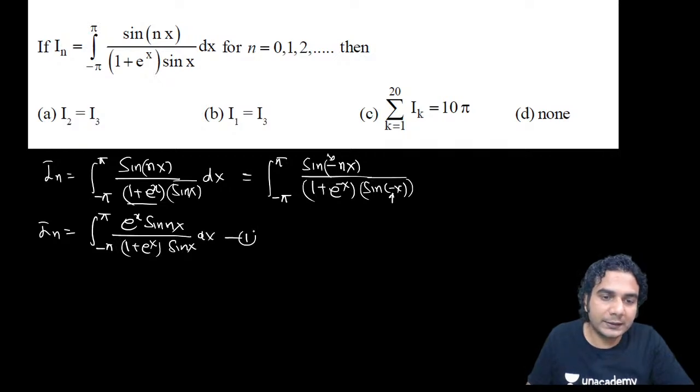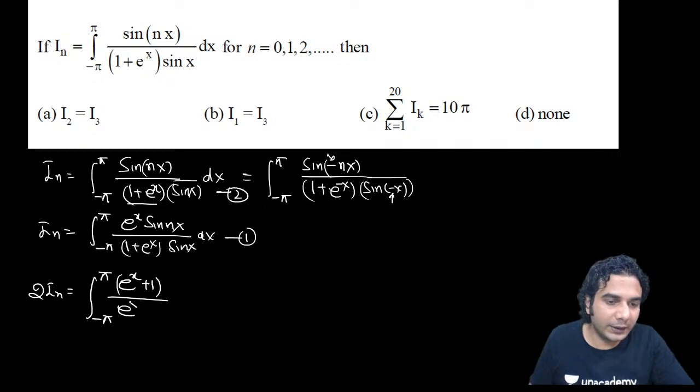Now you can add the first and second equations. If you add them, then this 1 plus e raised to x will get cancelled, all right? So 2In is equal to minus pi to pi, sine x plus 1 upon e raised to x plus 1, times sine nx upon sine x dx.